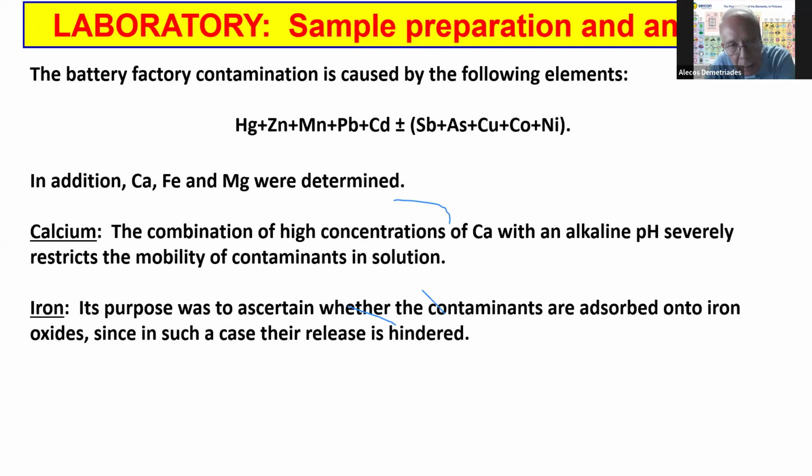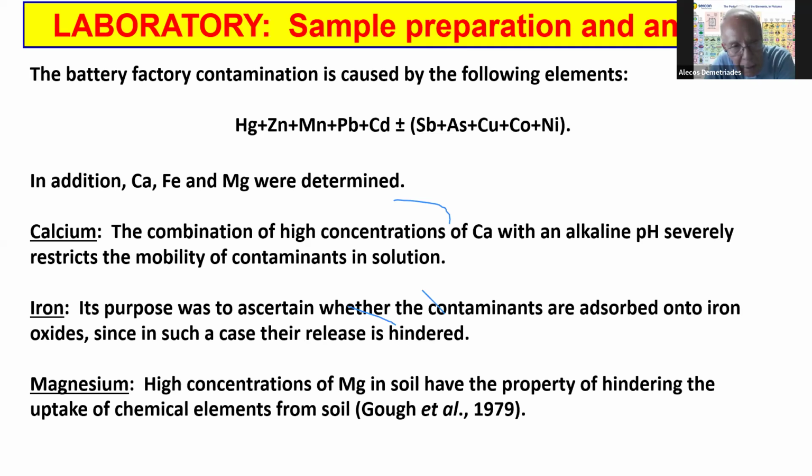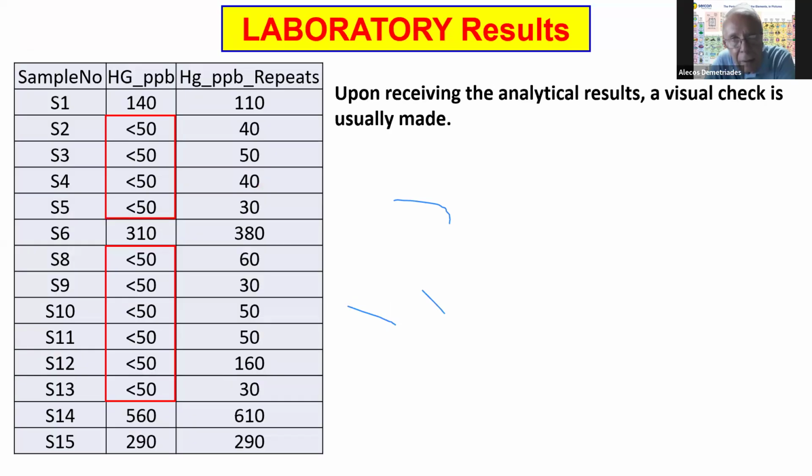Iron, the purpose was to ascertain whether the contaminants are adsorbed onto iron oxide, since in such a case their release is somehow hindered. Magnesium, high concentrations of magnesium in soil have the property of hindering the uptake of chemical elements from soil, according to Kabata-Pendias 1979.